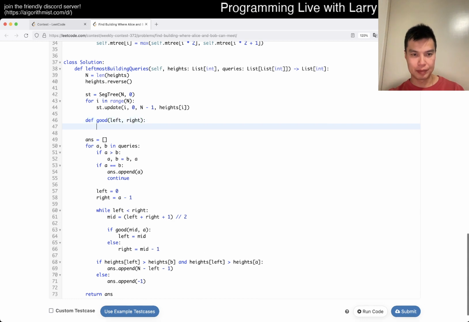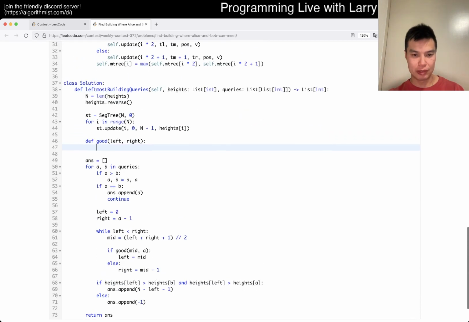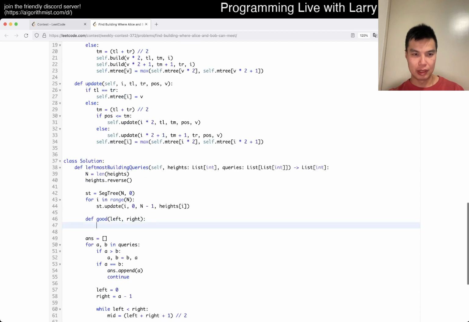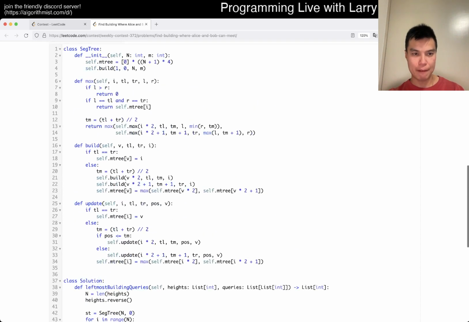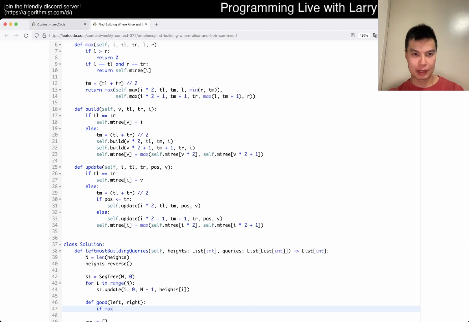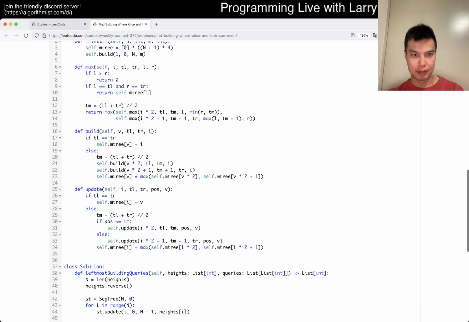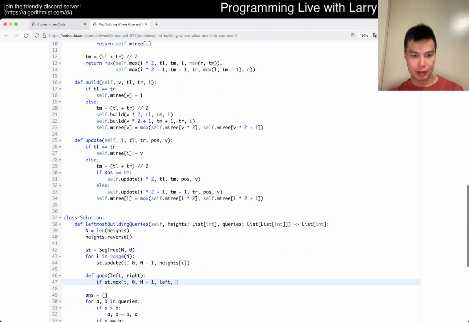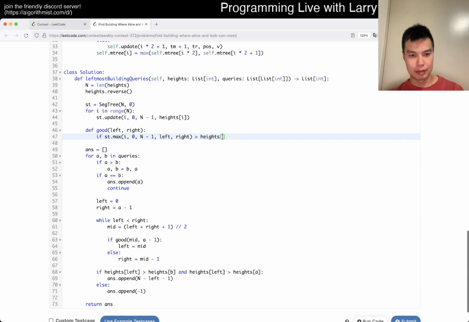Okay, this is exclusive. Let's make it inclusive. Then if st.max of I minus 1, left right, if this contains a number greater than height of a.